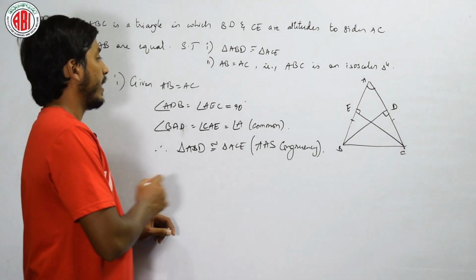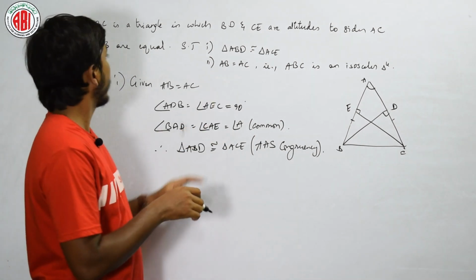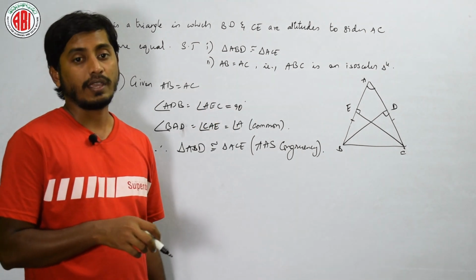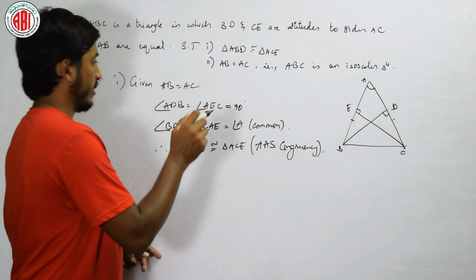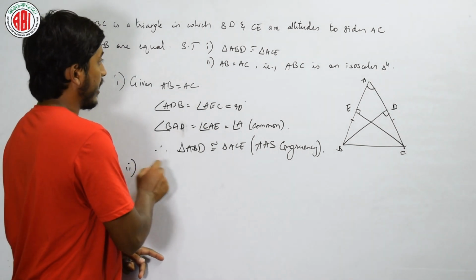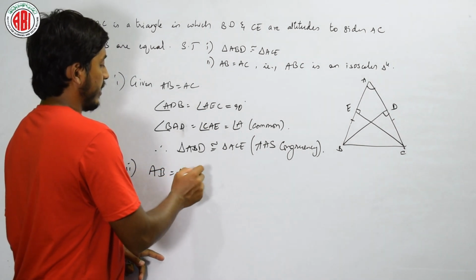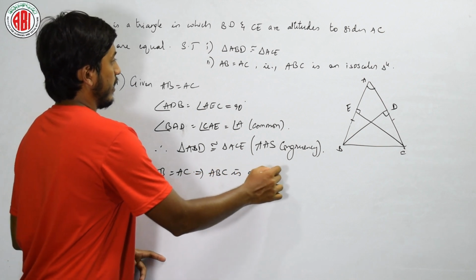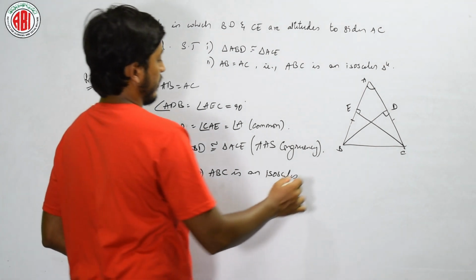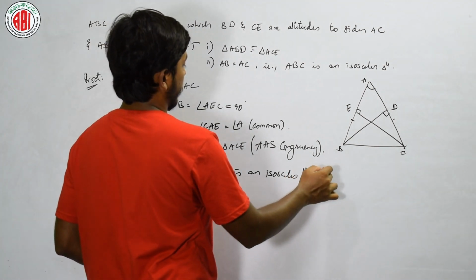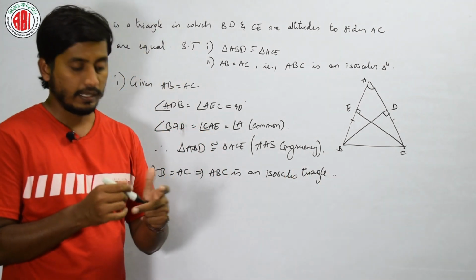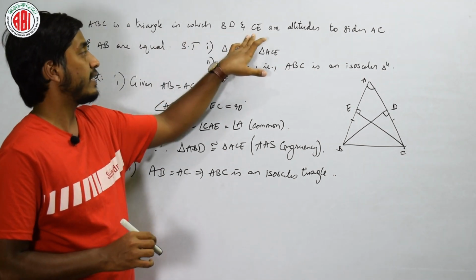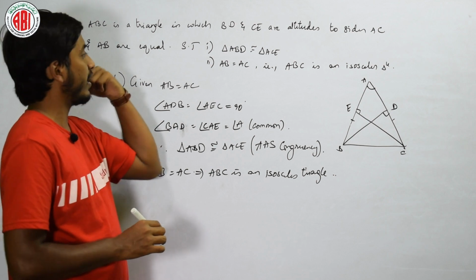Look at the next question. ABC is a triangle in which BD and CE are altitudes and the sides are equal.